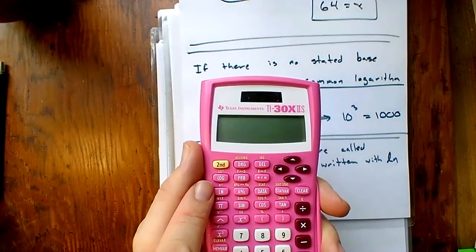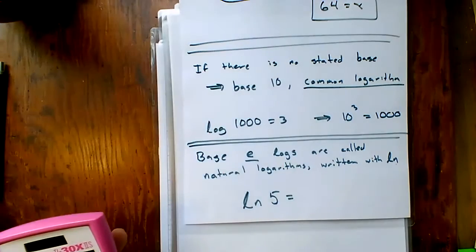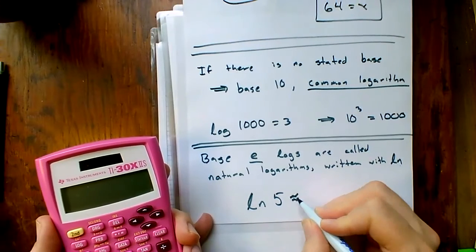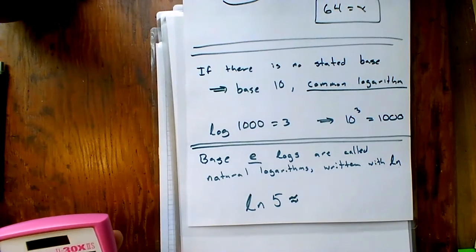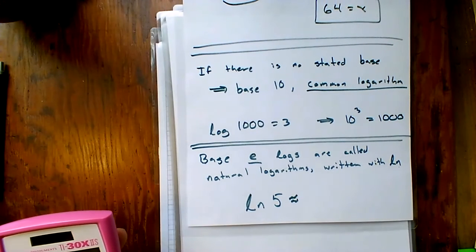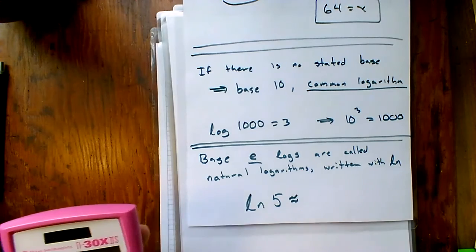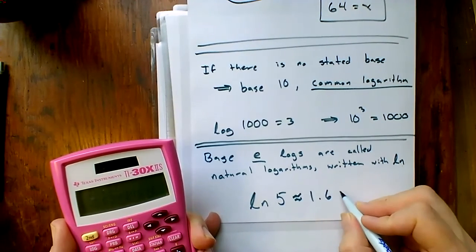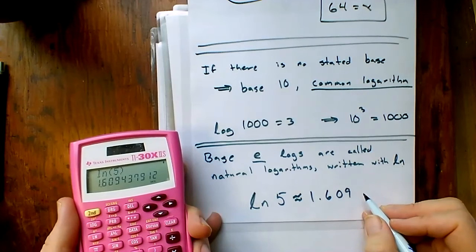Some of them might have natural logs and not logs. Actually, I'll approximate this: natural log of 5 is approximately 1.609.